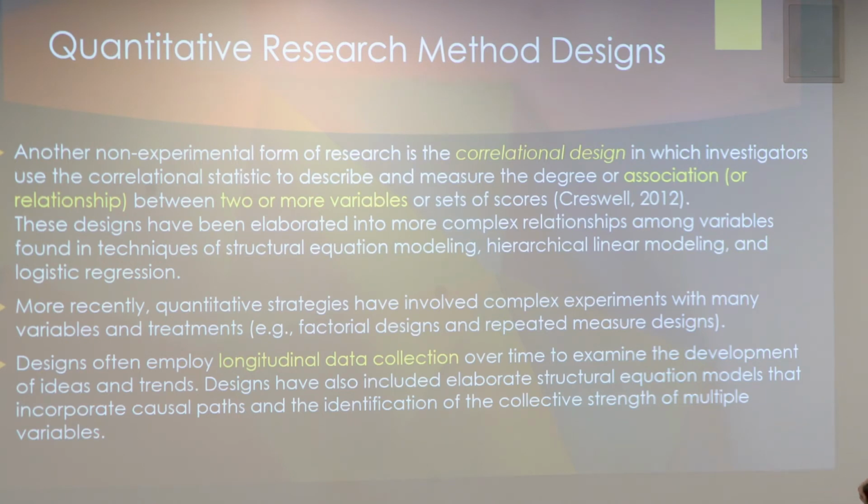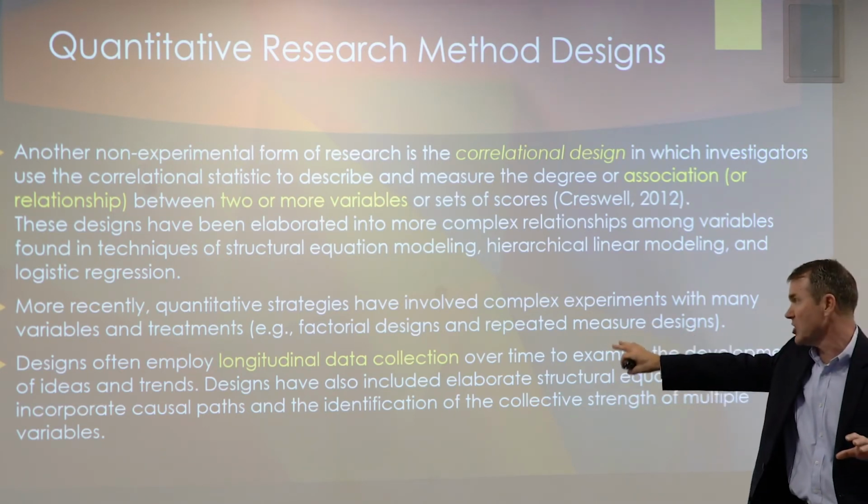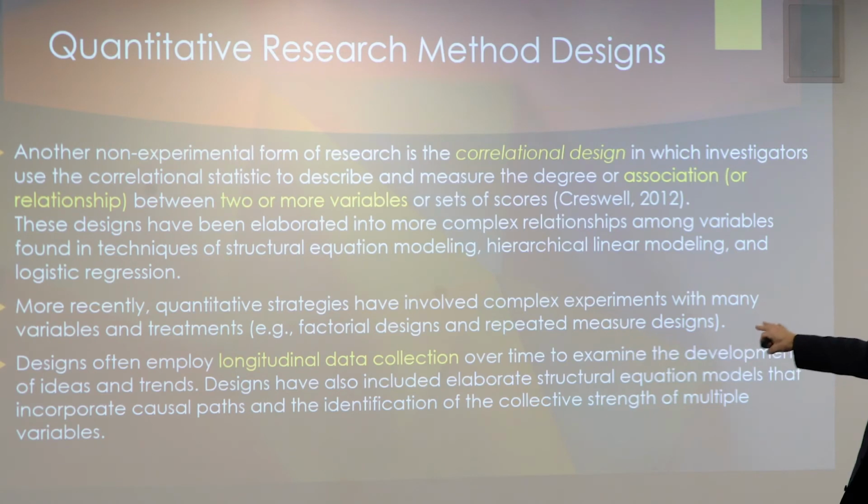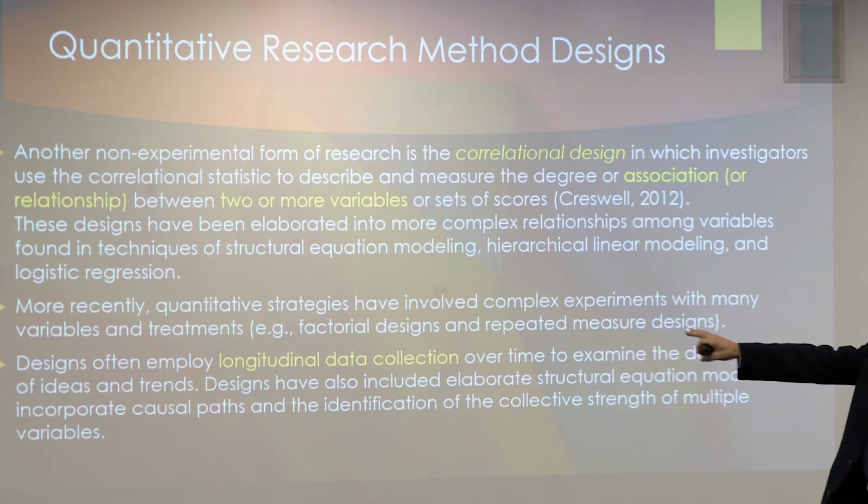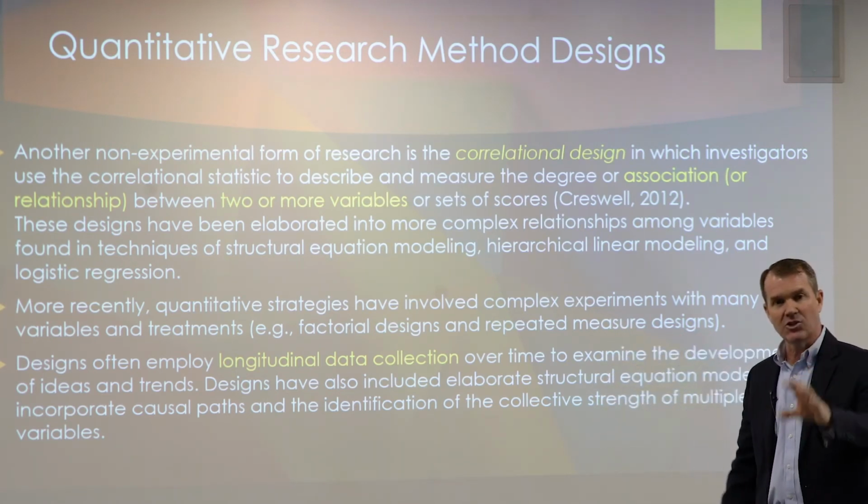Again, looking at correlation. More recently, quantitative strategies have involved complex experiments with many variables and treatments, like factorial designs and repeated measurement designs. Designs often employ longitudinal data collection over time to examine the development of ideas and trends.